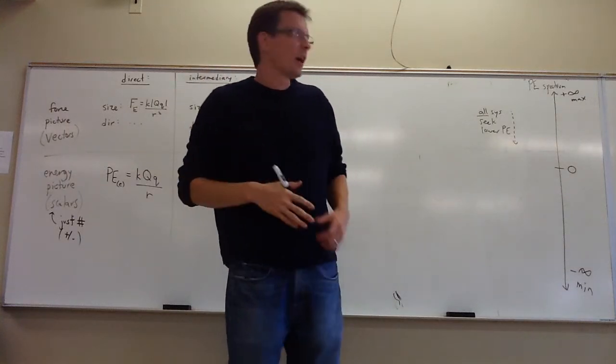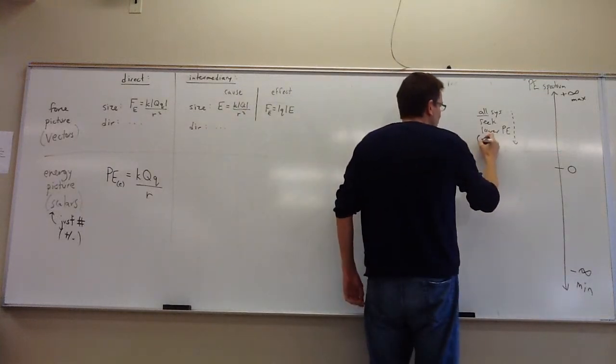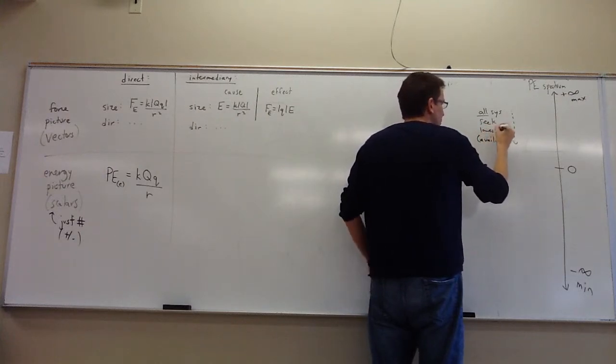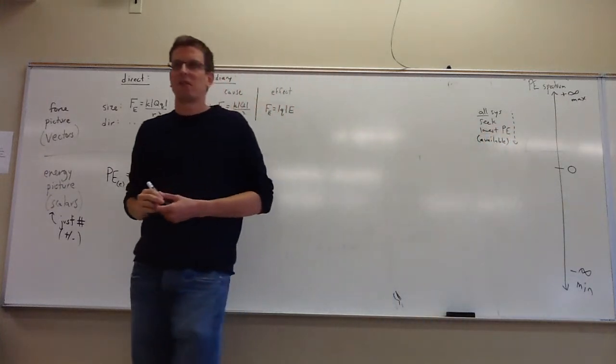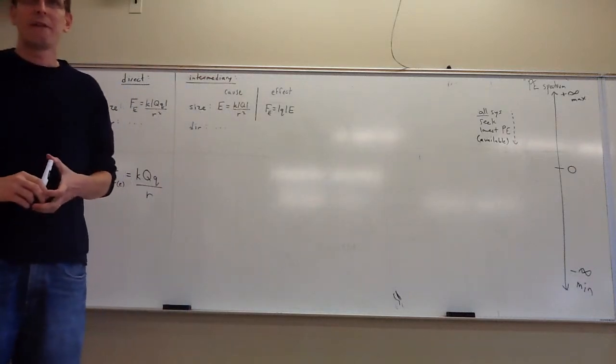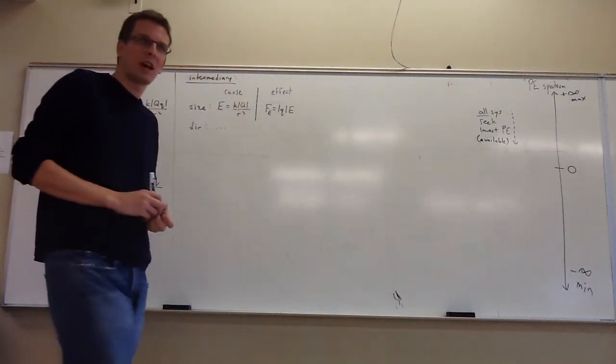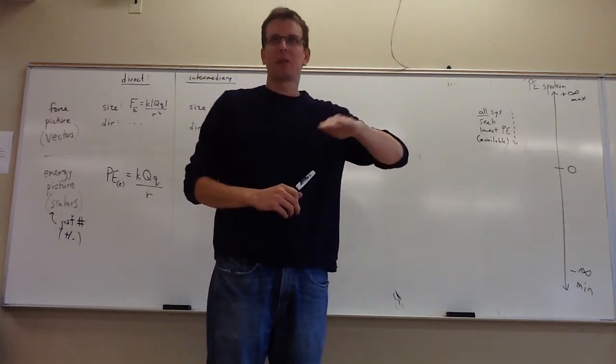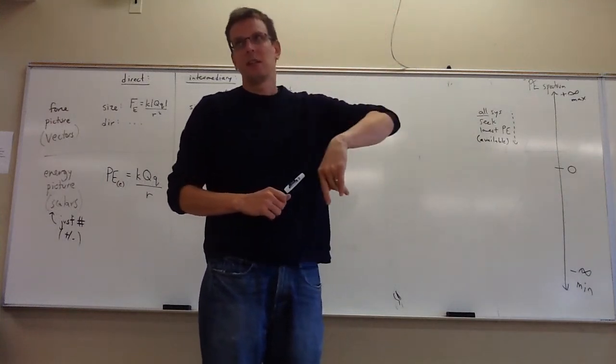Okay? And I should mention that it seeks the lowest potential energy available. It doesn't mean that minus infinity is the lowest that every system has, because sometimes it's just not available. So whatever is the floor in that particular system, it wants to get down to it.